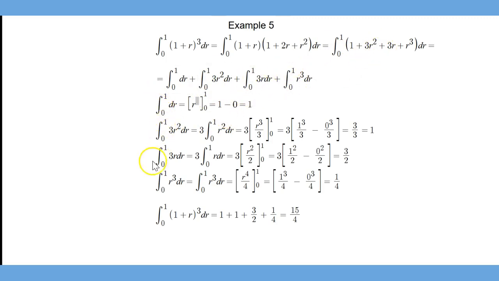Looking at each of these individually, the integral from 0 to 1 of dr is just r. When I evaluate it at 1 and at 0 and subtract, I just get 1.